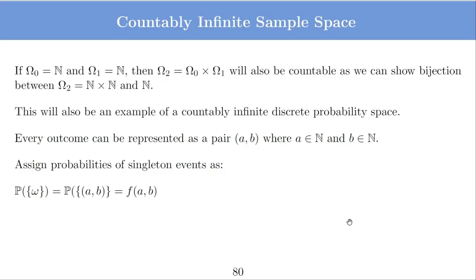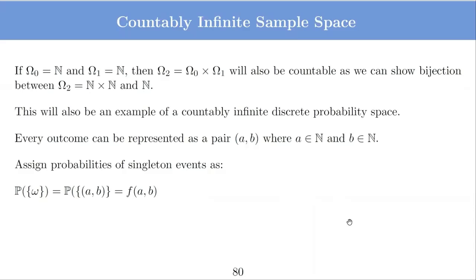In that case, every outcome is a pair of the form (a, b), where a is from the first set and b is from the second set. When you try to assign the probabilities, you will take the singleton events, and every singleton event will have only one outcome (a, b). So you assign probabilities to this, right? This probability would be a function of (a, b). For every unique pair (a, b), you will have a number.